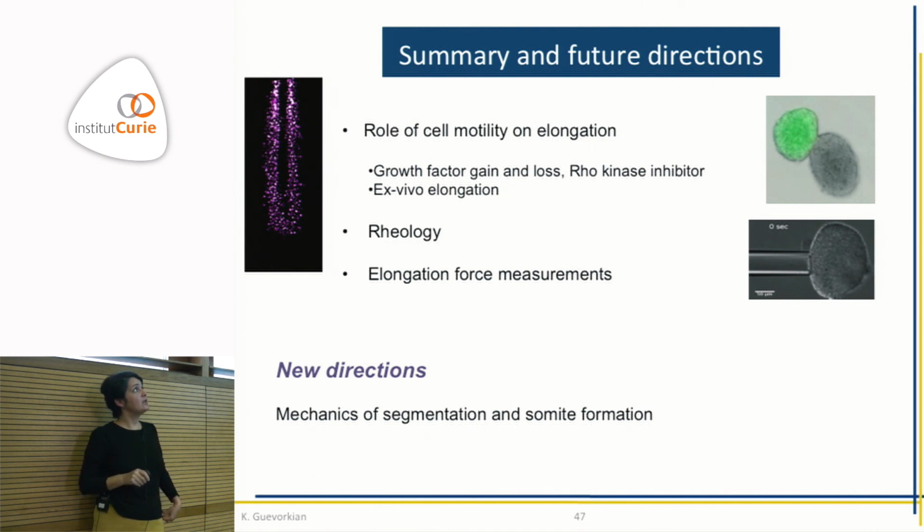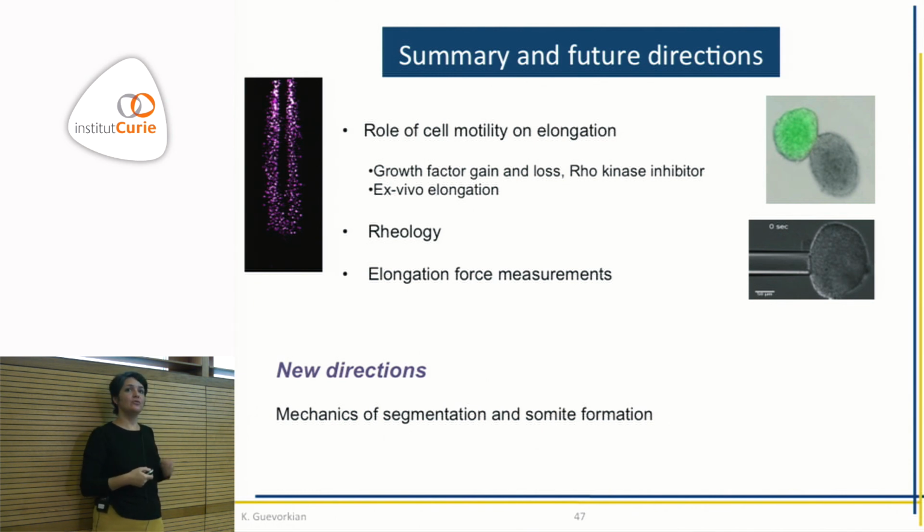I presented you a little bit of the rheology of these tissues, and we are now working on measuring the elongation force with a cantilever setup. And what I put here, the new directions, is basically what I'm trying to develop here at Curie, because this work was done when I was in other places. So now I'm trying to work on the mechanics of segmentation and somite formation on the same system.